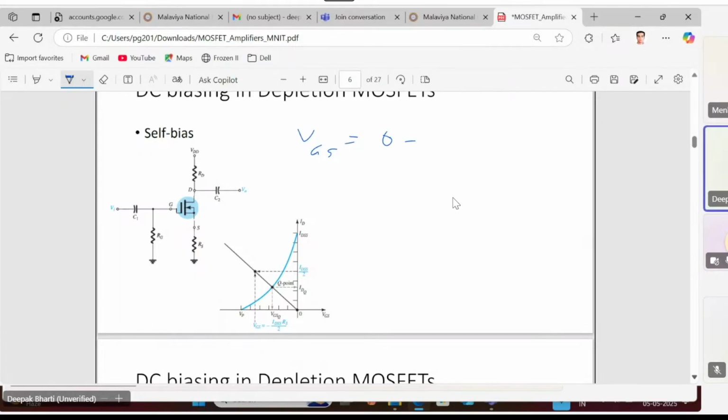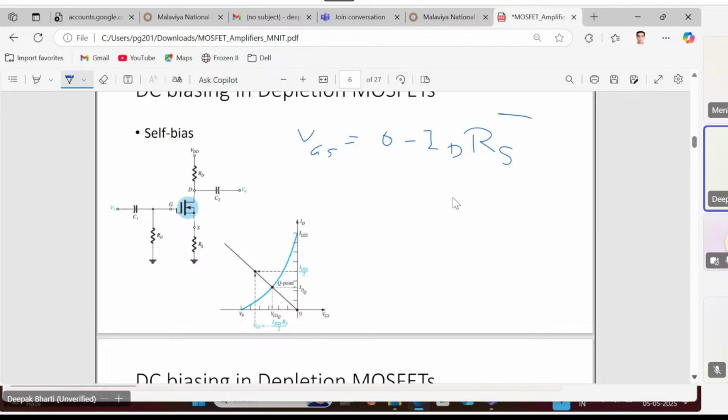And where is ID coming from? ID is coming from the top, from drain to source. Since the drain and the source current are equal, I am denoting that current with ID. So the equation of VGS will be equal to minus IDRS.